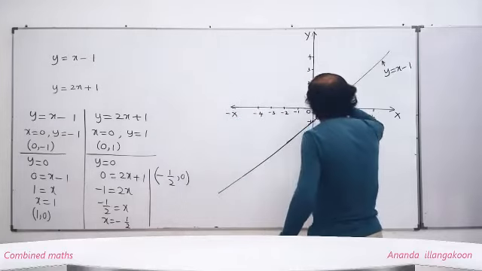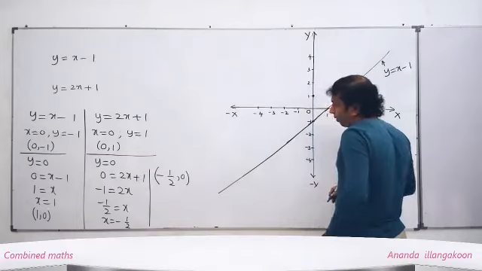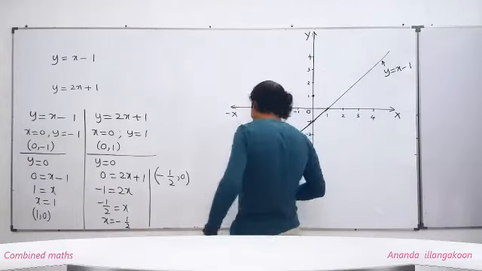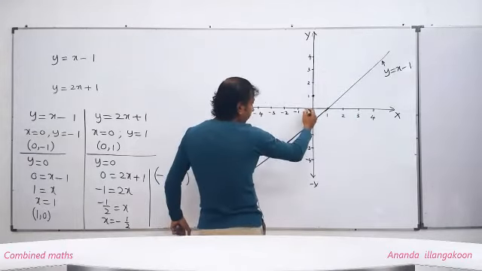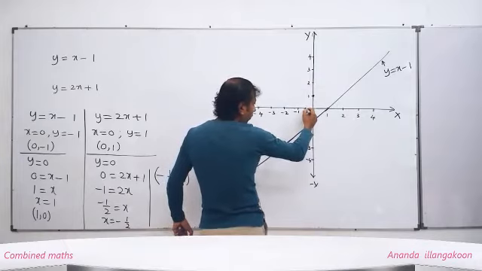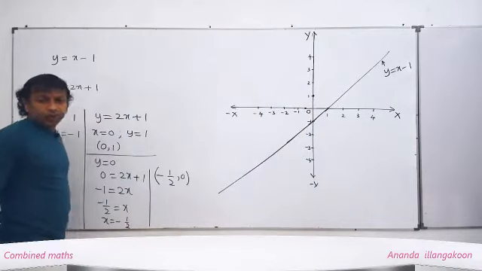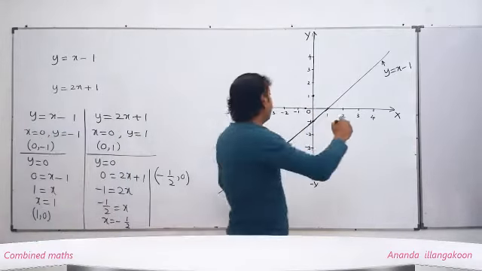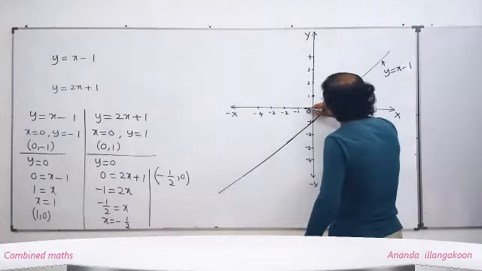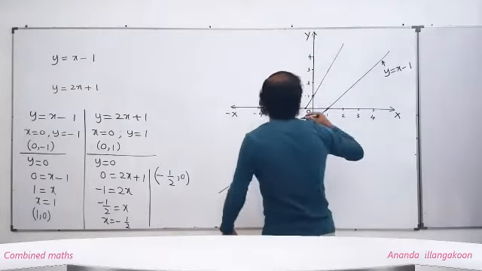This is that point, people. (0, 1) means x coordinate 0, y coordinate 1. Second one, (-1/2, 0) is here. X is minus half, y is 0, this point. Then join those 2 points and produce the line segment like this.